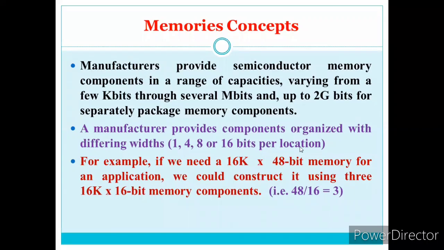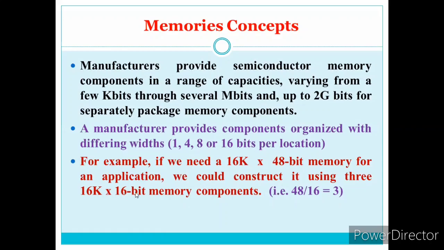Now let us see a simple example of the manufacturing capacity of the memory for different configurations. Here we have an example where a 16K memory location, each of 48 bits, has to be designed. But the problem is that the manufacturer has manufactured only 16K cross 16 bits.